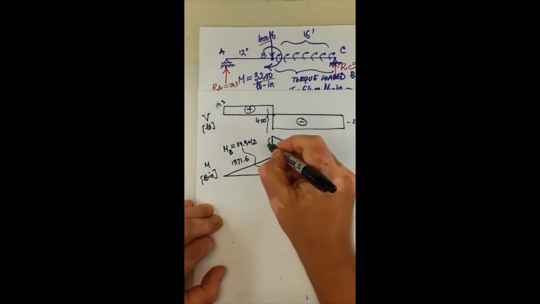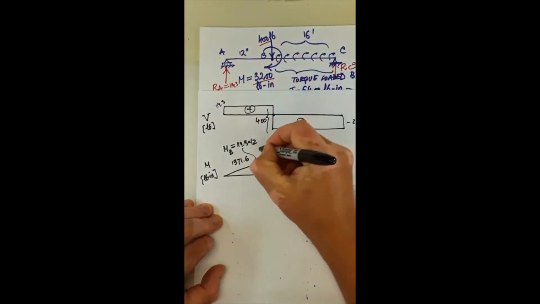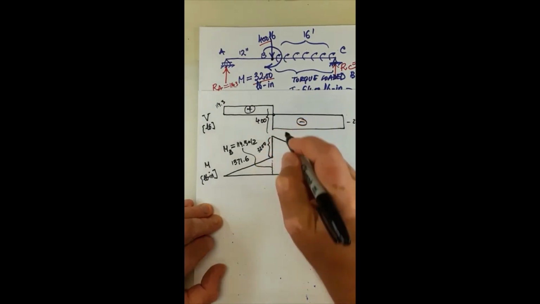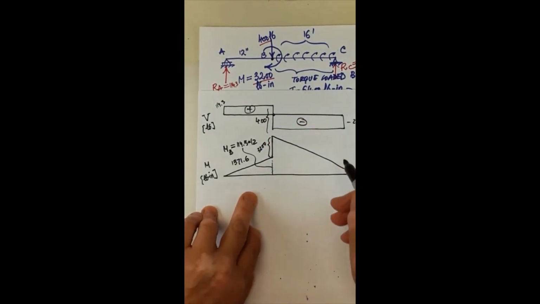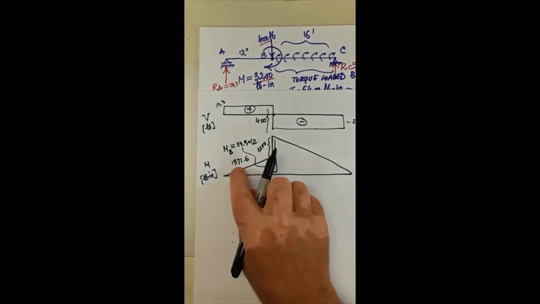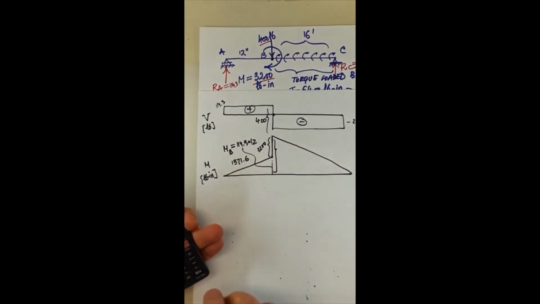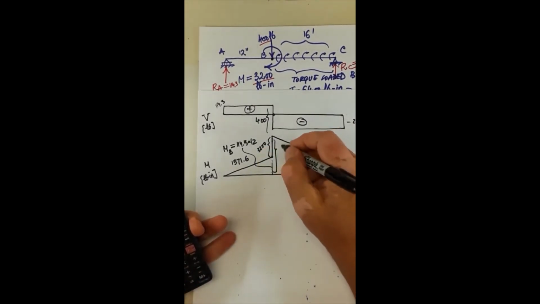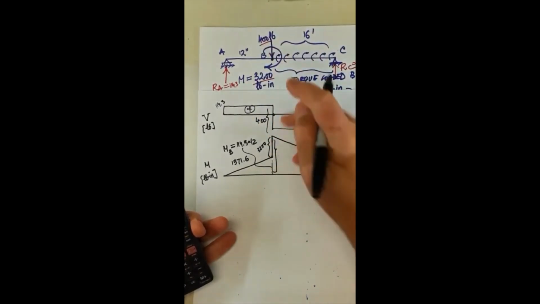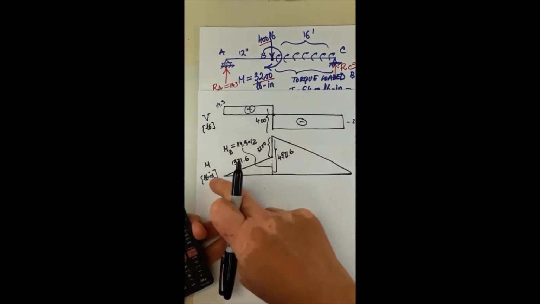Right, so this piece here is equal to the concentrated moment, 3,200 pound-inch. This entire piece now is going to be 1,371.6 plus this piece, 3,200, equals the maximum bending moment, which happens at B, and it's 4,571.6 pound-inch.